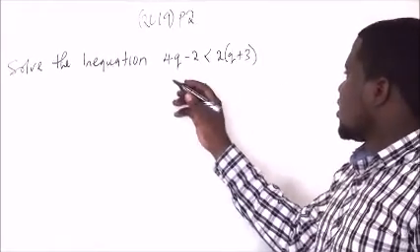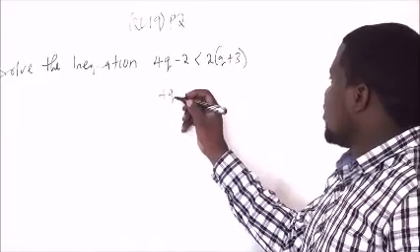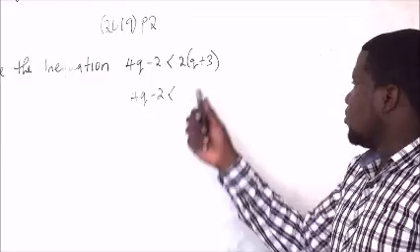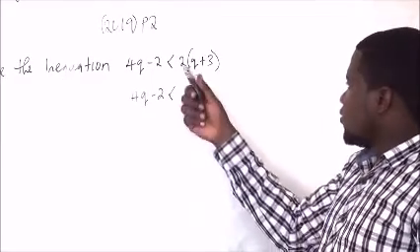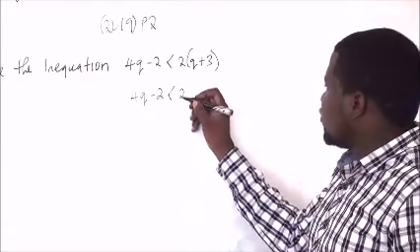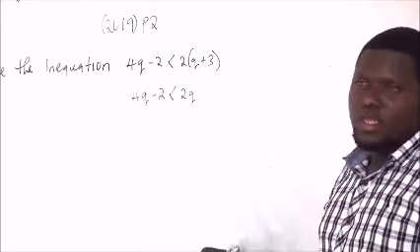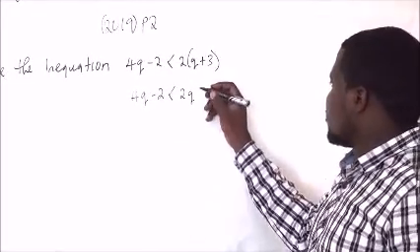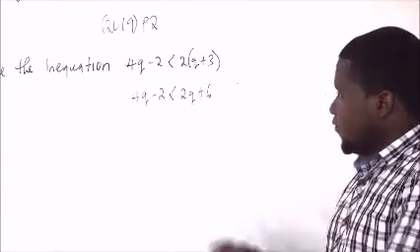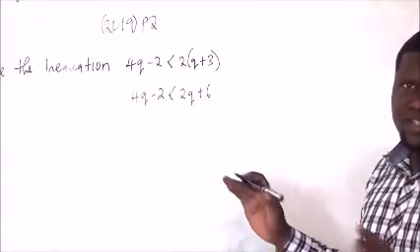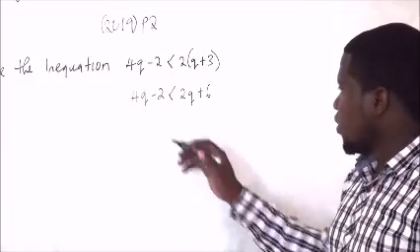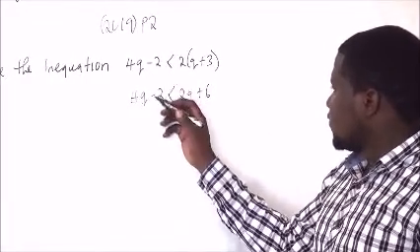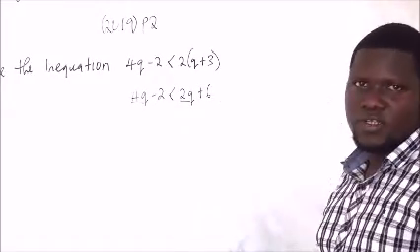We're simply going to say that 4q minus 2 less than, then you expand. Multiplying 2 by q, you're going to have 2q, and then 2 times 3, you're going to have positive 6, like this. Then from there, you pick it up as in collecting like terms. Then you're going to have 4q and 2q, negative 2, and also positive 6.